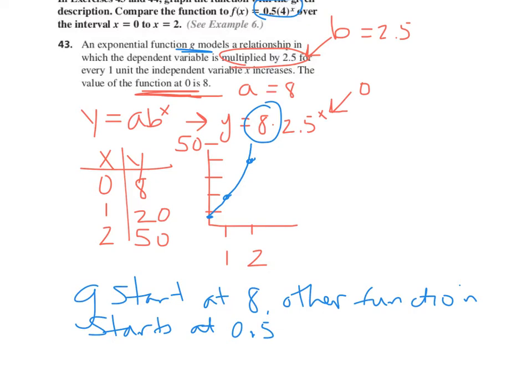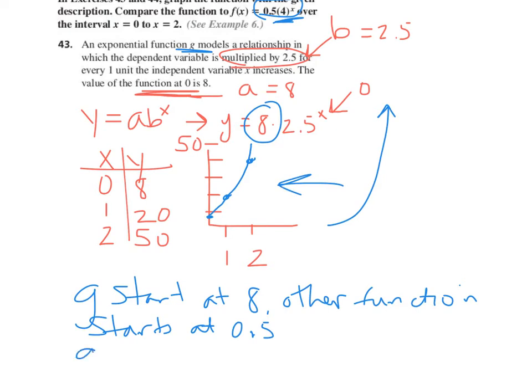Another thing that I could mention is the b value. Here on this one, we're multiplying by 2.5 on our g function, the one that we just graphed, but the one that's up here, my b value is 4. So it's getting multiplied by 4. If it's getting multiplied by 4, then I'm going to have my graph increasing at a higher and faster rate than this graph right over here.